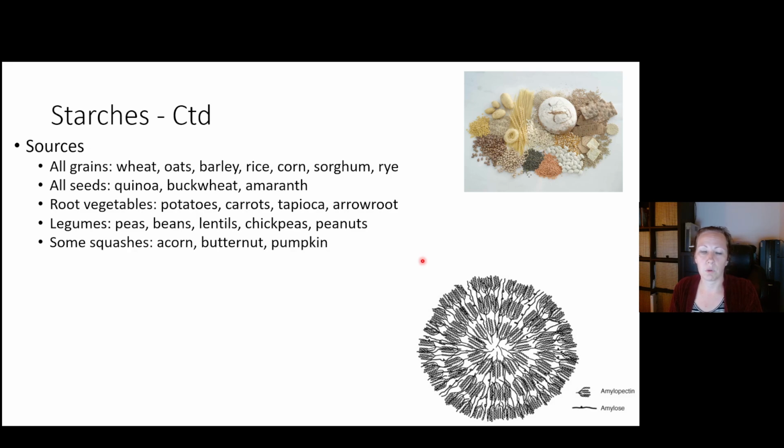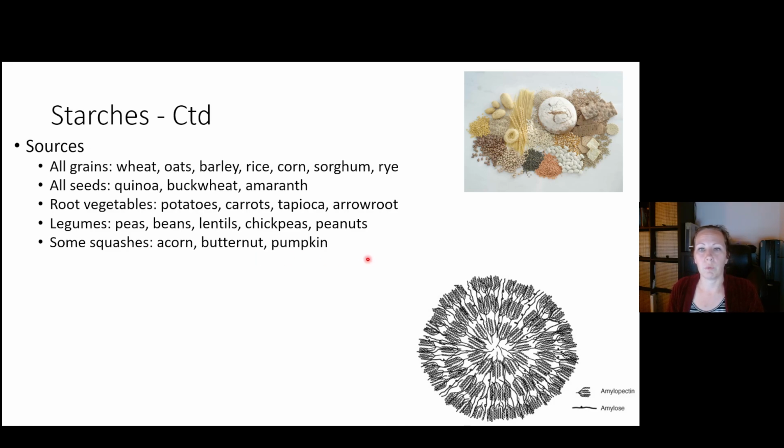And finally, some squashes, not all squash. Zucchini, for example, is not a good source of starch, but some squashes are high in starch, and those include acorn squash, butternut squash, and of course pumpkin.